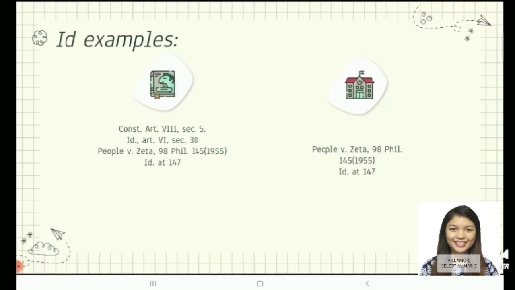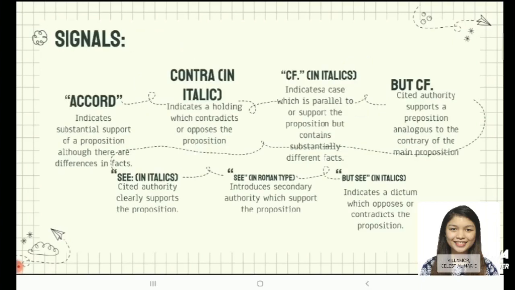We also have words which signify signals. Here are some of the examples. We have accord, which indicates substantial support of a proposition, although there are differences in facts. We also have contra, which indicates a holding which contradicts or opposes the proposition.